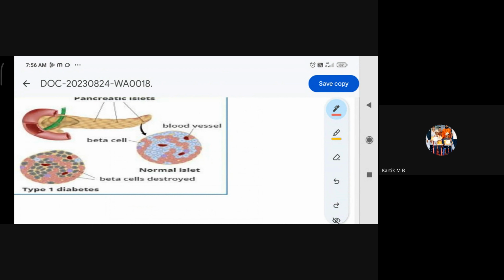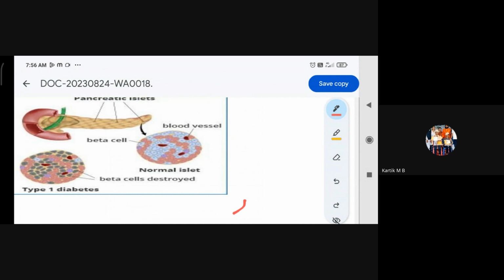Are you getting me? Yes. So if insulin is not getting accepted by the cell, then blood glucose will not enter the cell. So what happens in type 1 diabetes?